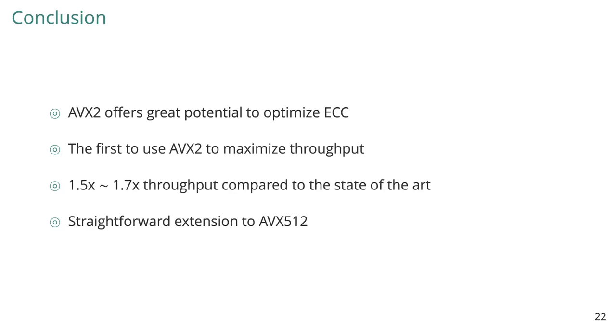Our implementation improved the state of the art by a factor of 1.5 to 1.7 for the throughput, and we can apply a straightforward extension to AVX512. For example, in that case, our software will perform 8 scalar multiplications in parallel.